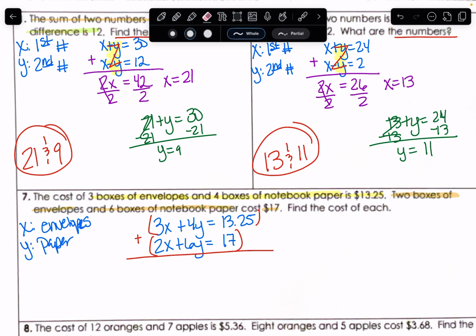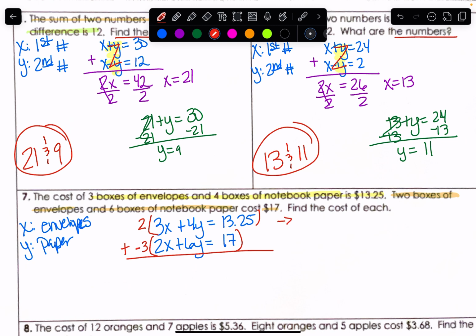I see that my least common multiple out of 3 and 2 is 6. So I'm going to multiply one of these by 2 and one of these by 3, okay? And then I am going to add them together. But to be opposites, one of them also has to be negative, right? So let's do this one as our negative.